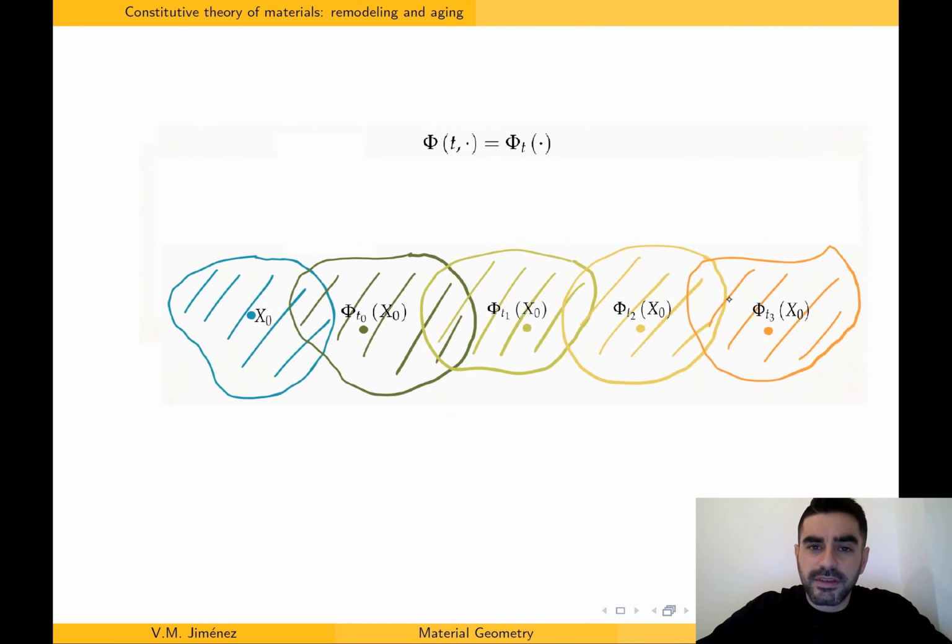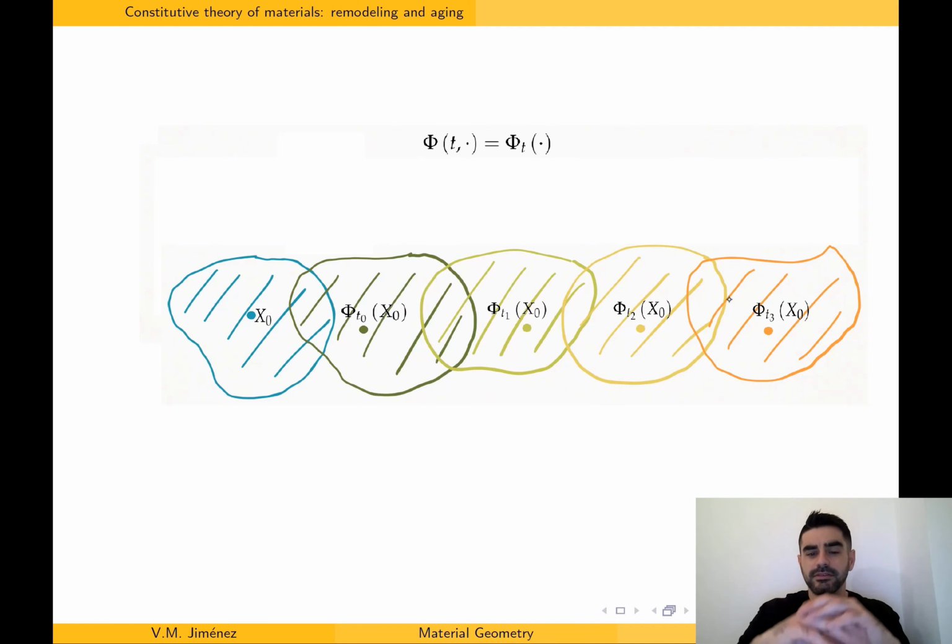In other words, a history of a body is simply a differentiable curve of configurations, in such a way that for any time we have a possibly different configuration. So, in some sense, this history measures how the body is changing in time.